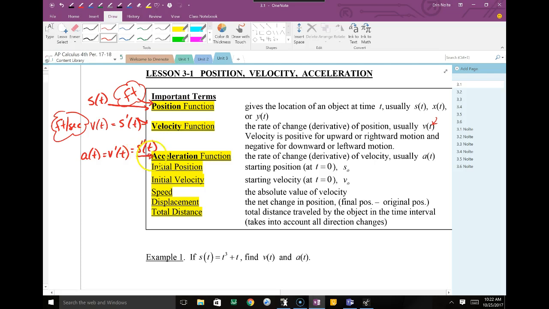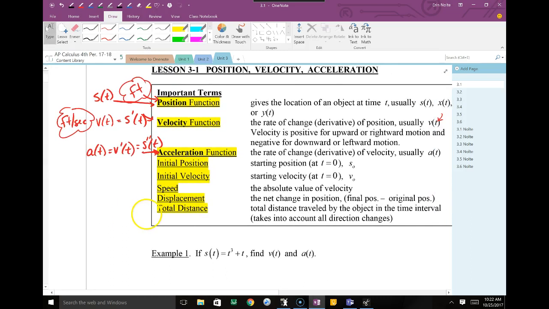Can you tell me how we measure acceleration? Like what would we label it? Feet per second squared, good. So you might write that down so you remember that if you see something labeled feet per second squared, you know you're working with an acceleration.